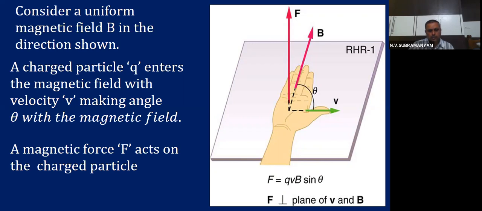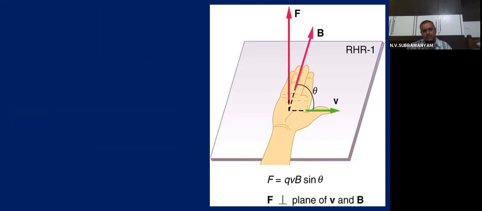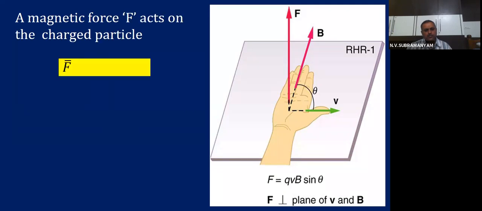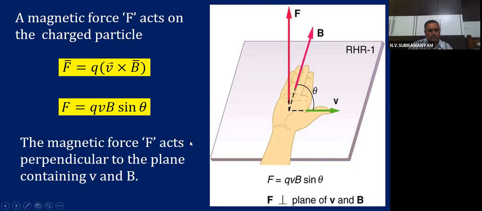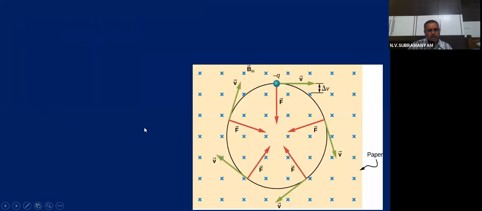Due to the magnetic field, there is a force on it. A magnetic force F acts on the particle, where F is given by Q V bar cross B bar or QVB sin theta. Okay, children. The magnetic force acts perpendicular to the plane containing V bar and B bar.